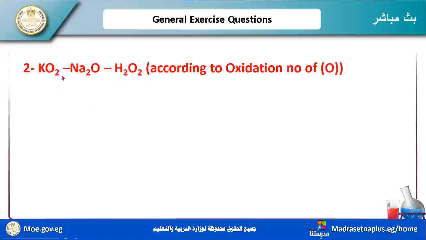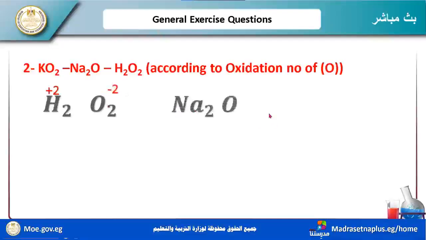Now H2O2: you must know hydrogen is positive 1 times 2 equals positive 2. So oxygen is negative 2 divided by 2, equal to negative 1. Now Na2O: sodium is positive 1 times 2 equals positive 2, so oxygen is negative 2.